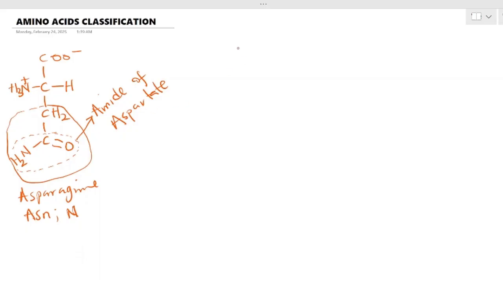So let's quickly look at how the structure looks. You have your carboxylic group attached to your alpha carbon, this is your H, and this is your NH3 plus.